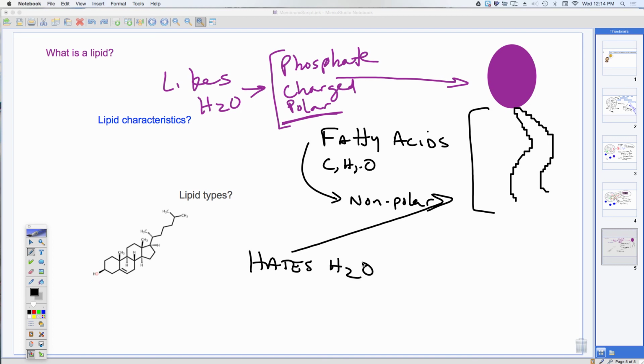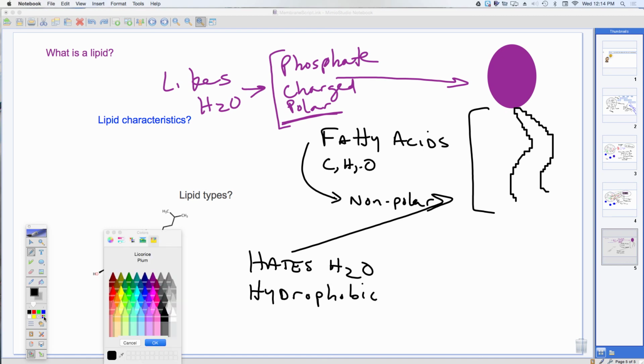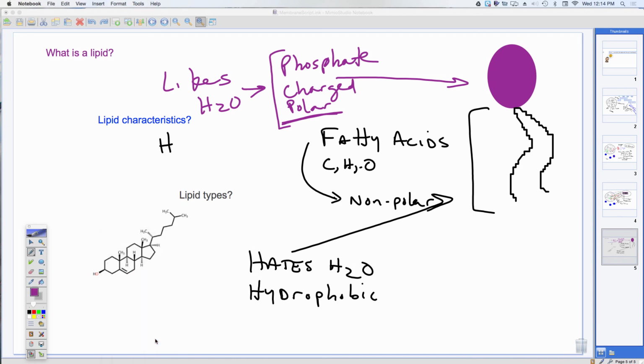And this hates water. We can refer to that in a different way. If it hates water, we say that it's hydrophobic. But if it likes water, we say that it is hydrophilic.